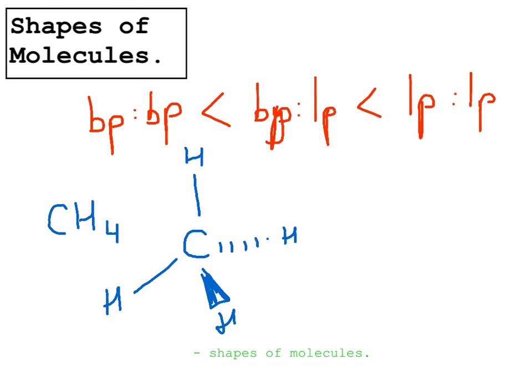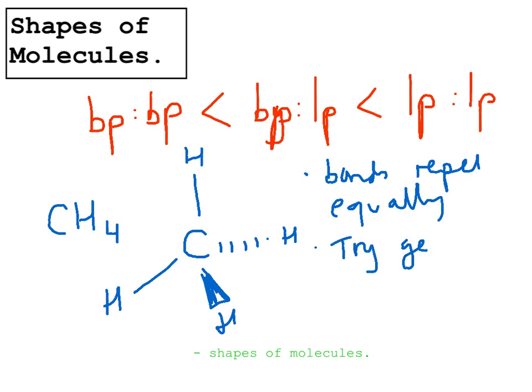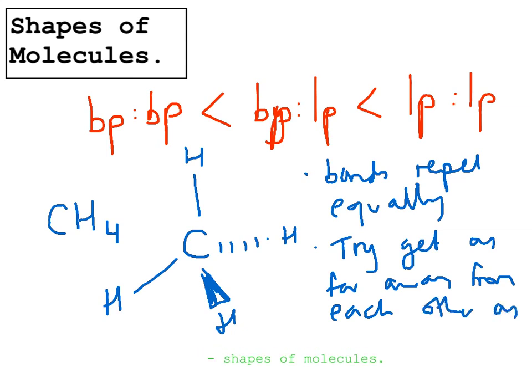So to describe why CH4 is a tetrahedron, you'd say that bonds repel equally, and so try to get as far away from each other as possible, which results in a tetrahedron.